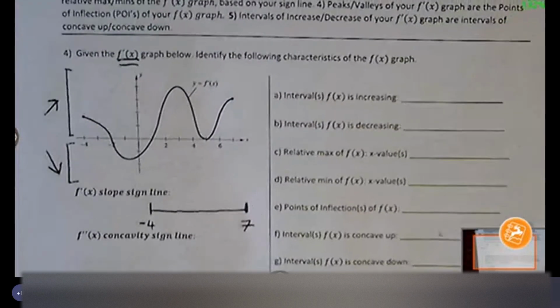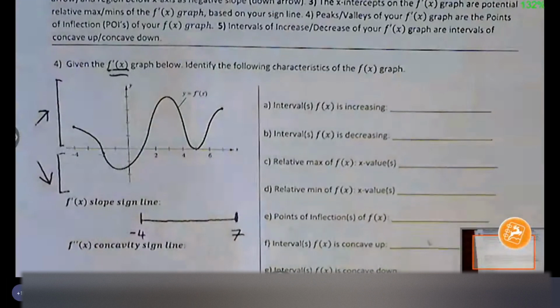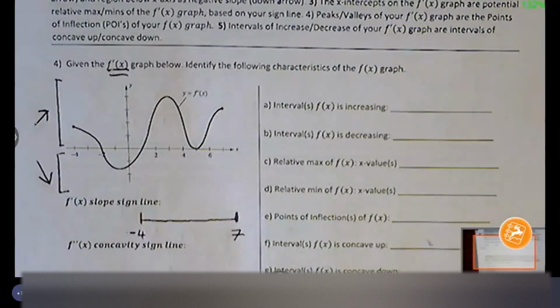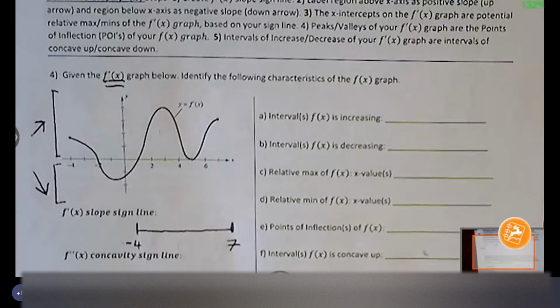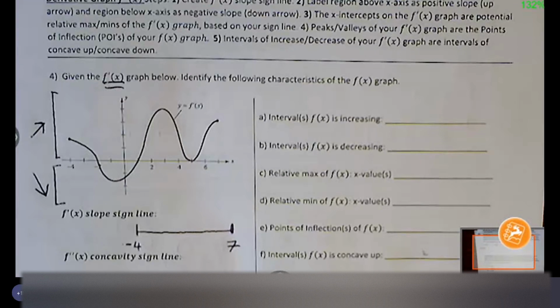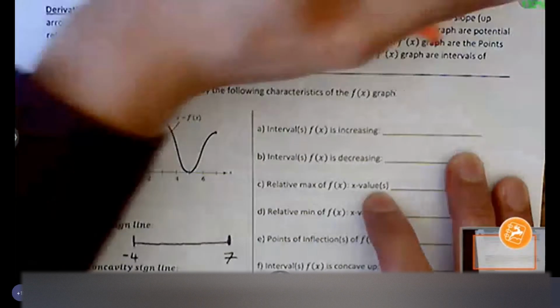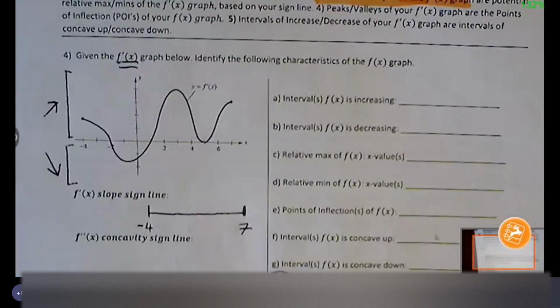So where are the critical points that we can place onto our slope sign line? This is the F prime graph. So that's -2, and 1, and 5. Good. We're looking at the x-intercepts. The x-intercepts are where our slope zeros are going to occur.